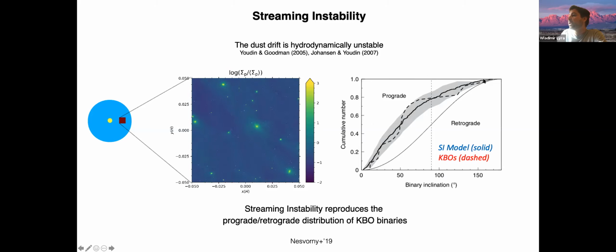The solid line is the streaming instability model. The dashed line is the actual distribution of Kuiper belt objects. You see you have about 80% of binaries being prograde, 20% being retrograde, and the model reproduces that distribution. Whether it is the only method that can reproduce that is not known, but the streaming instability seems to reproduce that.